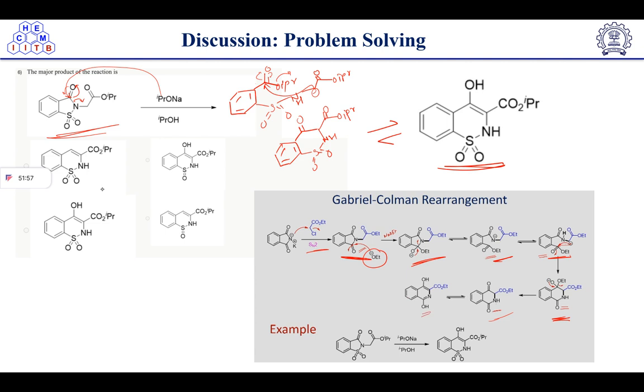So the correct answer is option number A. Okay. So this reaction is known as the Camps rearrangement reaction. So in this case, 5-member to 6-member transformation is taking place. Right? Rearrangement is taking place.